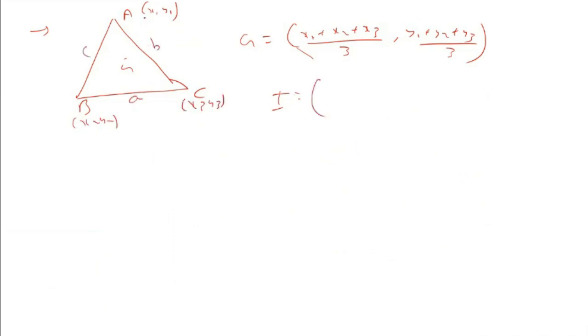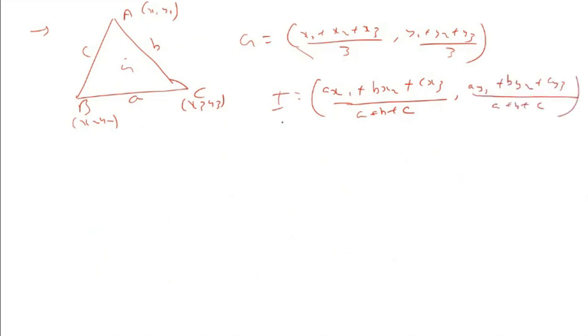Incenter is nothing but a into x1, so you take the side into the opposite coordinate, a into x1 plus b into x2 plus c into x3 whole over a plus b plus c, comma a into y1 plus b into y2 plus c into y3 whole over a plus b plus c. This is the incenter of the triangle.